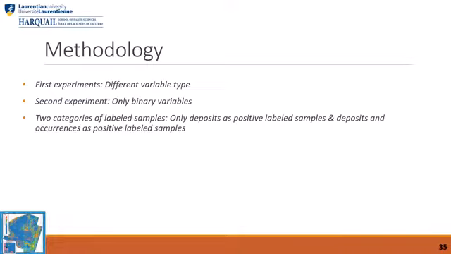So for both experiments, we have used just mineral deposits once for training our model, and then we have used both deposits and occurrences for training and validating our models. The purpose of this activity was to see how an increase in the size of our labeled samples can really affect our model in a positive way.